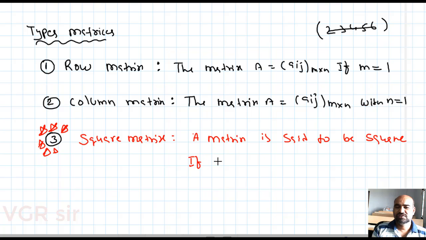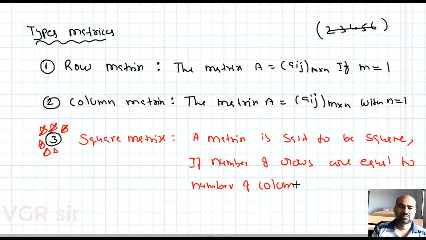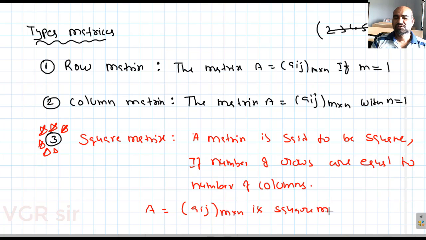Or in other words, A equal to Aij, m by n, is a square matrix if m equal to n. The number of rows should be equal to the number of columns. Such a matrix is called a square matrix.